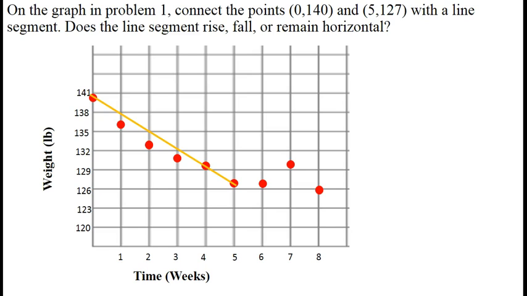Our next problem says, on the graph in problem 1, connect the points 0, 140 and 5, 127 with a line segment. I did that right here. 0, 140 and 5, 127. Does this line segment rise, fall, or remain horizontal? Well, we read graphs from left to right just how we read anything from left to right. And we can see that this line segment is falling.